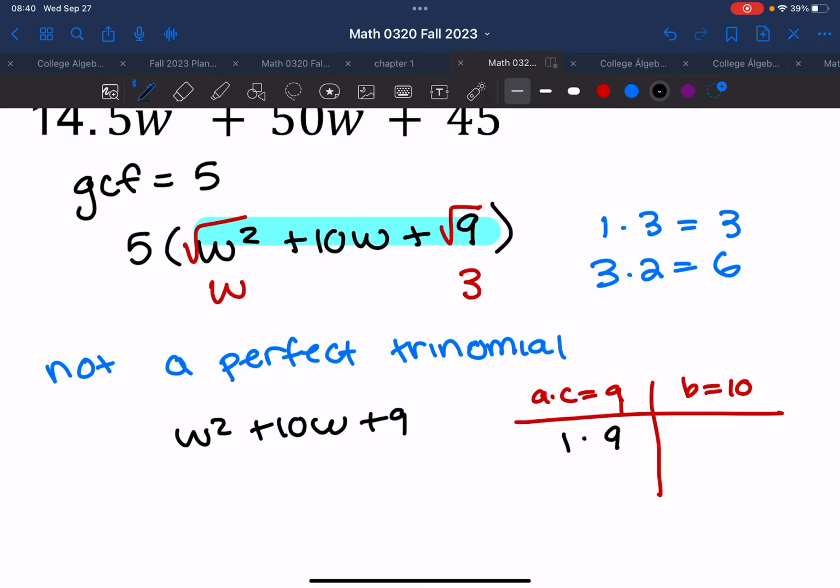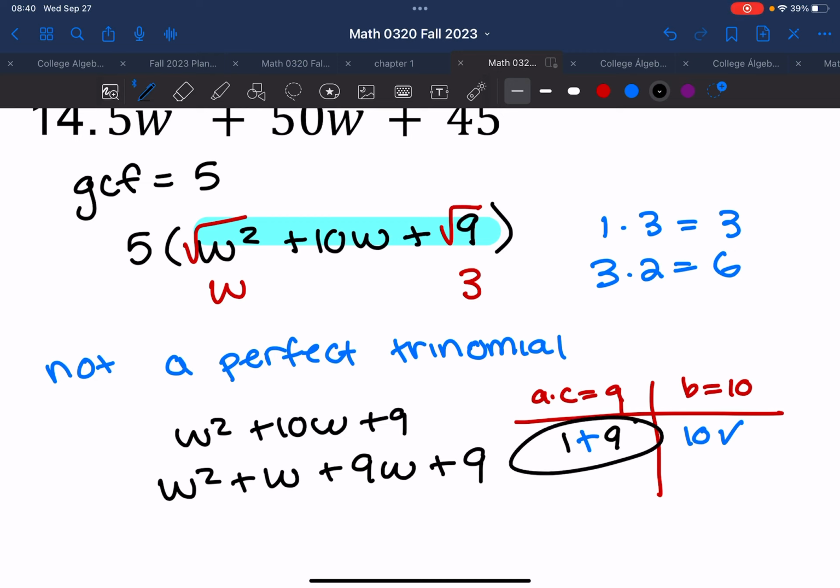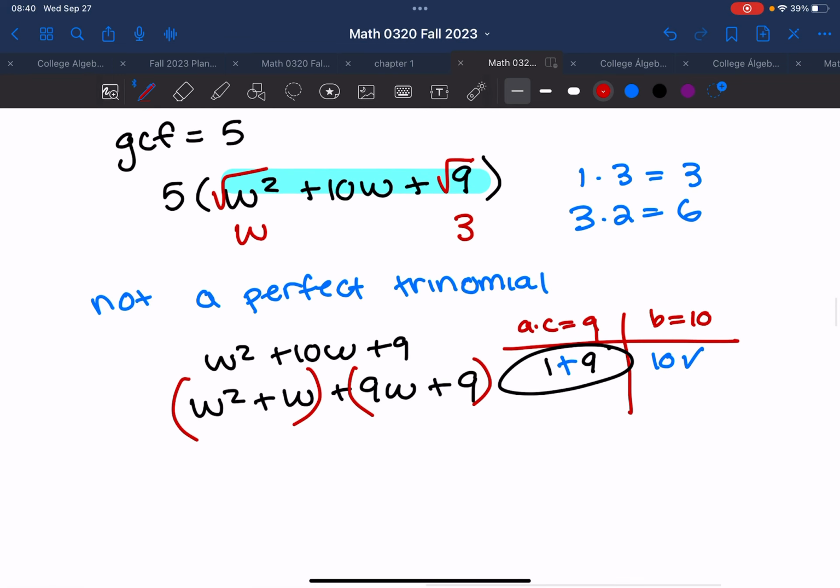1 times 9, because if we add that, we get 10. So that means expanding our b value, we get w squared plus w plus 9w plus 9, because I used those factors of 1 and 9. Then I do my factor by grouping and take out a GCF from each of them.